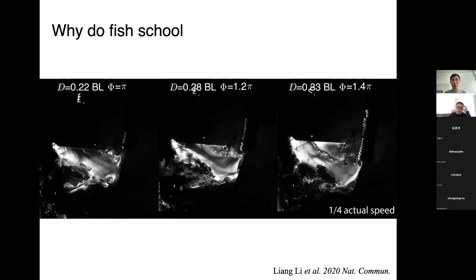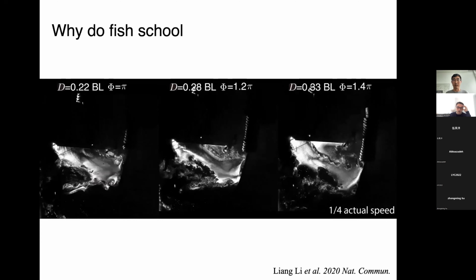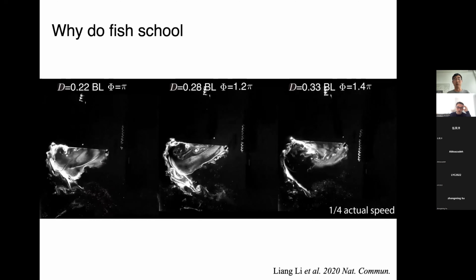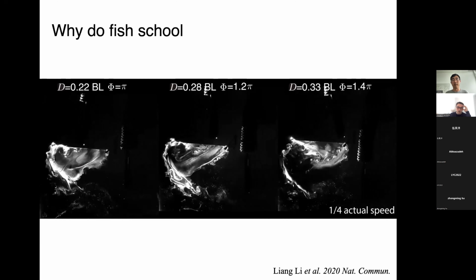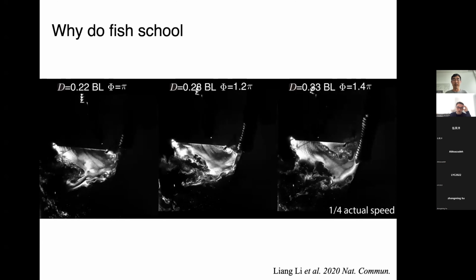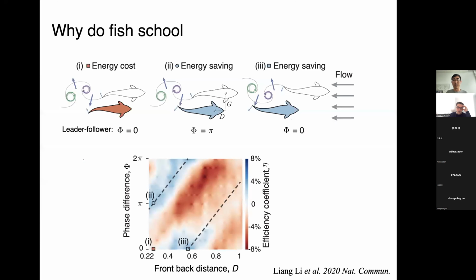But one thing is in common: if you look at the flow shed by the leader and the tail movements of the follower, you can see whenever the flow comes, the follower just follows the way the flow goes. A simple way to understand it is like this: if the tail is flapping in the same direction as the induced flow of the vortex, then the follower saves energy.